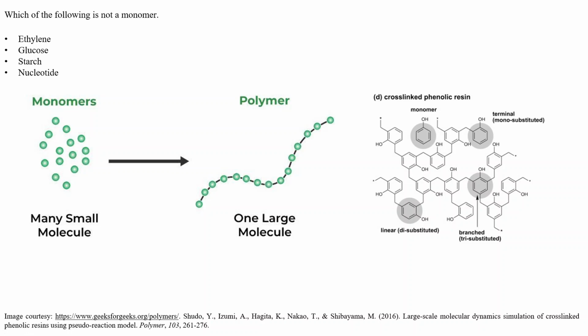So starch is nothing but long chain carbohydrates. Nucleotide is just a term given here. So when looking for the constituent monomer, starch is not a monomer, it is a polymer. We can distinguish in that way, by focusing on the constituent monomer and looking at the polymer which it forms.